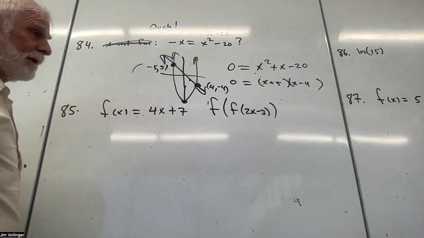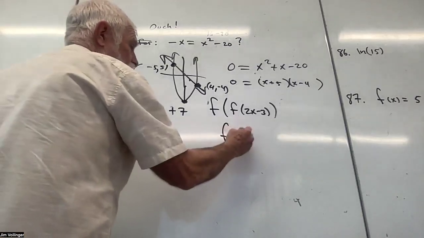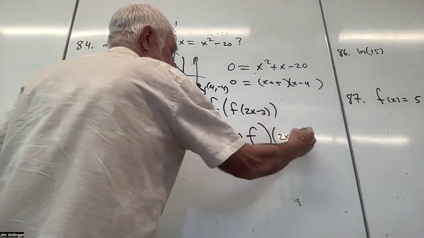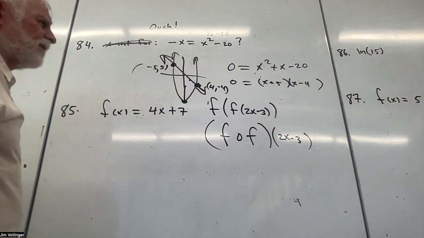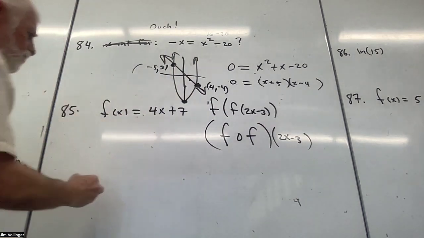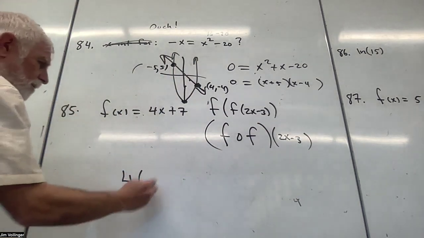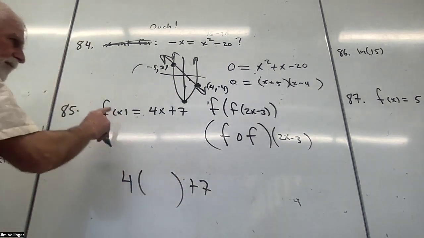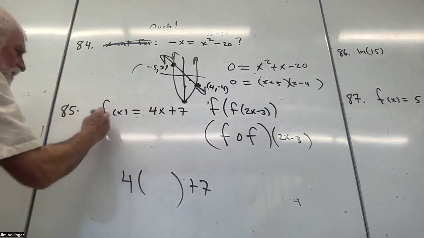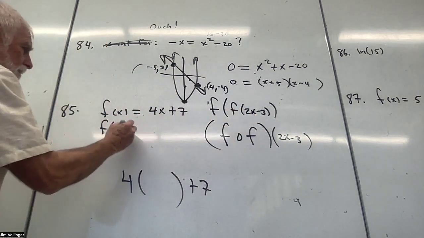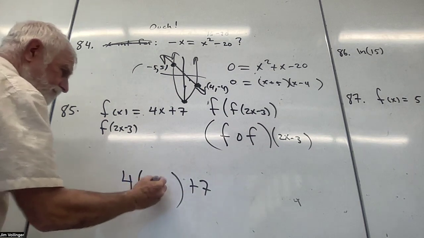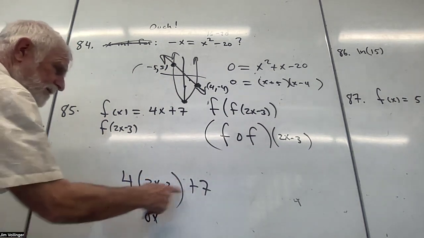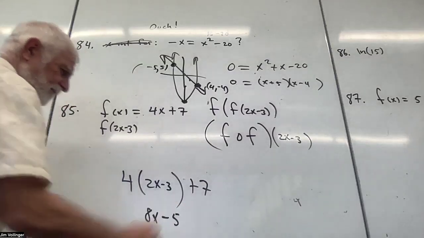All right, f of 2x minus 3, and here's f of x. So have a go at it. I hope you also know on your SATs, it's going to be written that way. So what is the f function? The f function takes the number 4, multiplies it times something, and adds 7. And I think the first thing I'm going to do is f of 2x minus 3. I think that's my input. That's 8x minus 12 plus 7 is 8x minus 5.